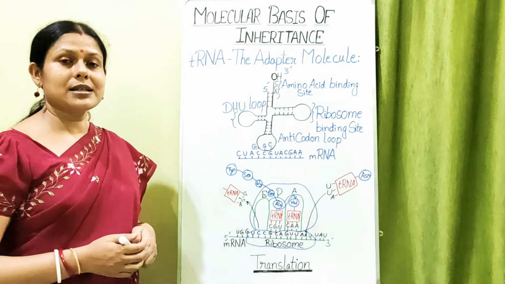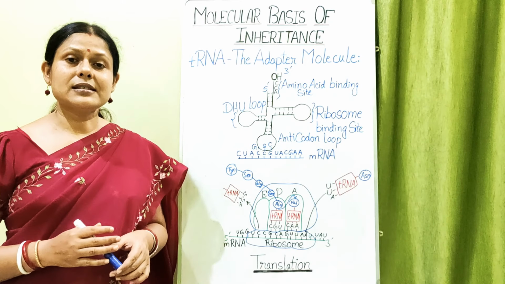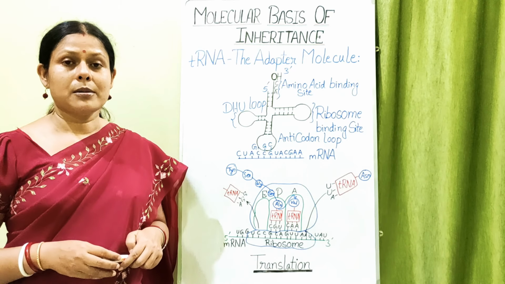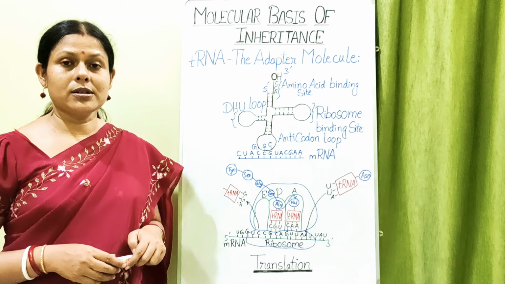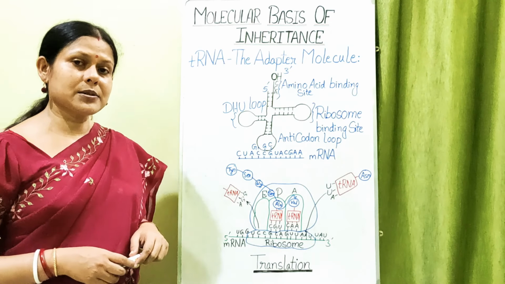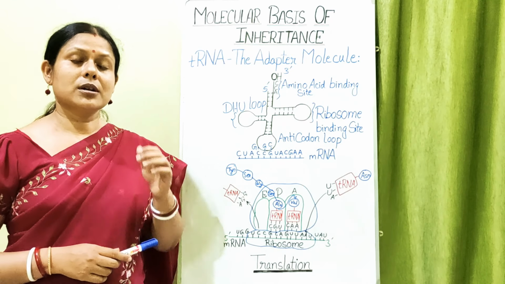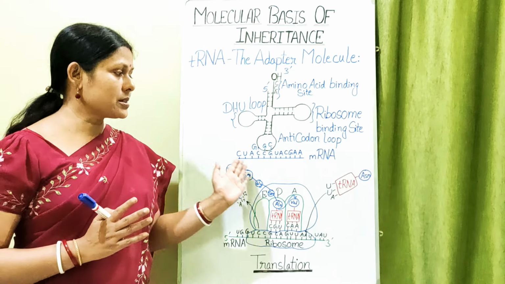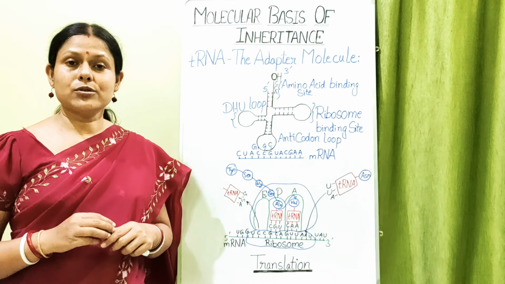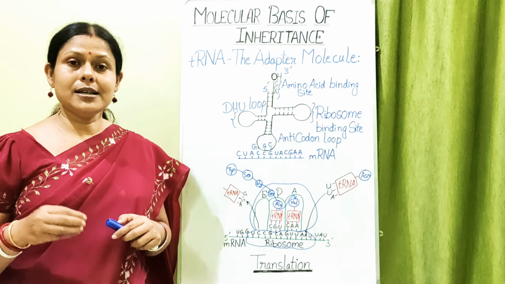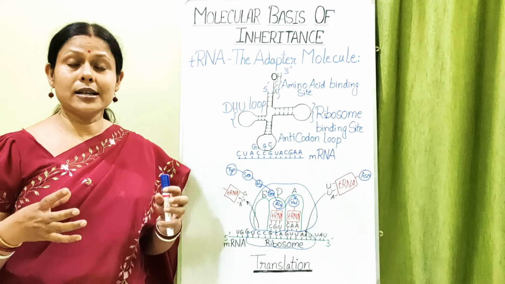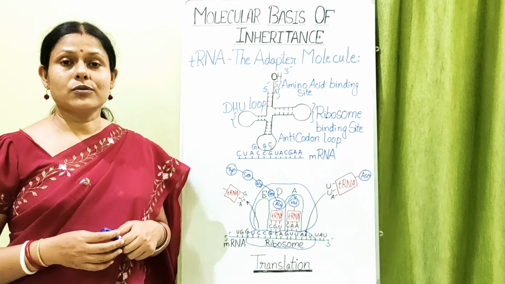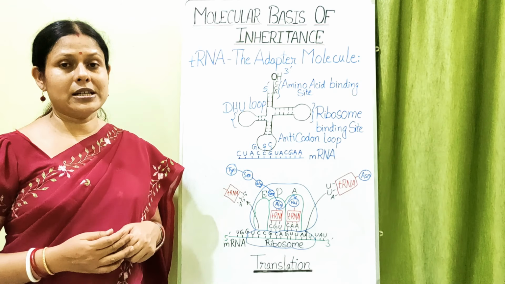Now why is it known as the adapter molecule? It was Francis Crick who, even before the knowledge of the genetic code by the various scientists all across the world, proposed that there must be a molecule which can read in one side the codon which is present in the mRNA, and with respect to it assign an amino acid which later on will form a peptide bond between each other to result in the formation of protein for the expression of any character.